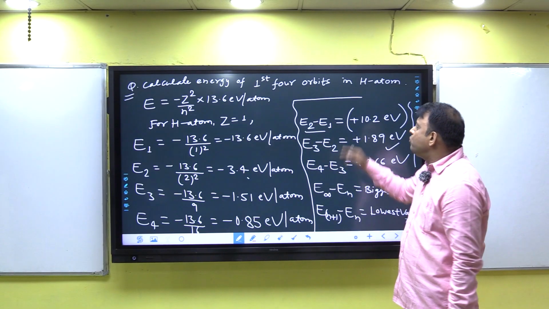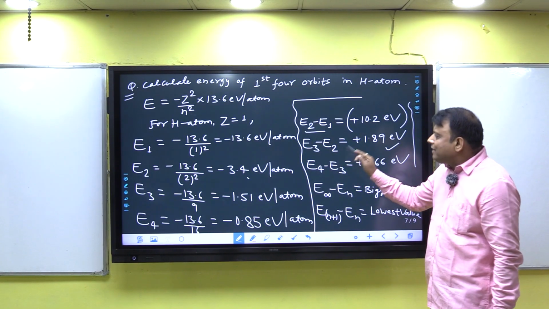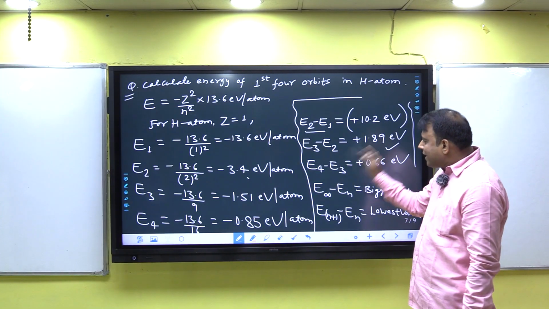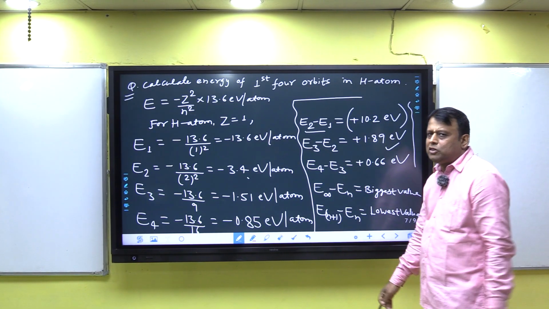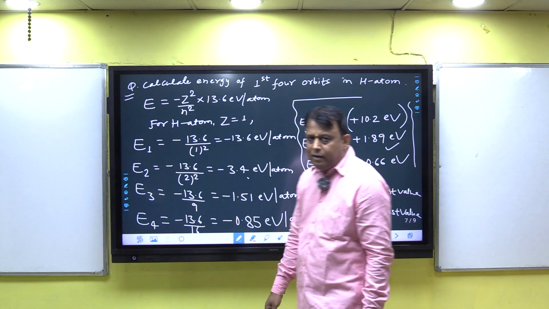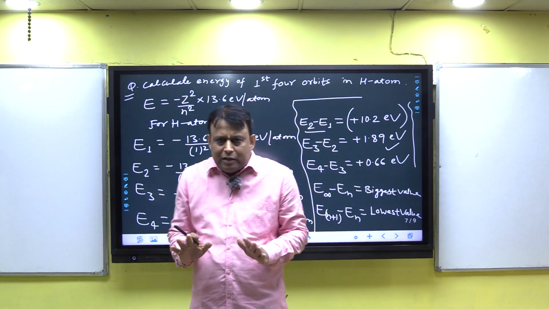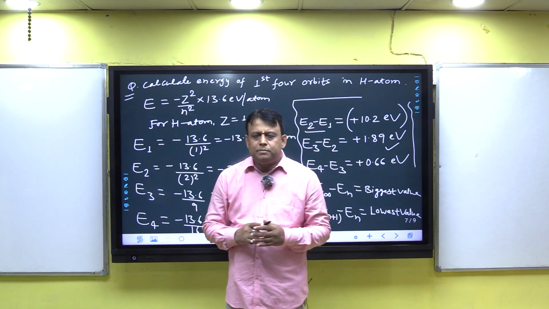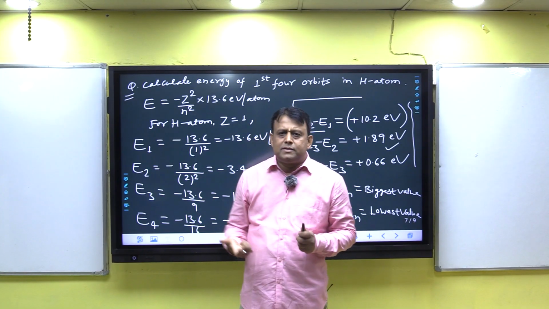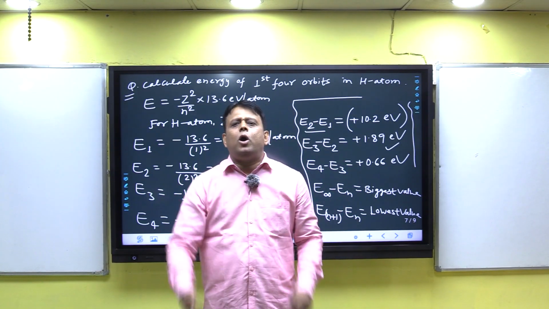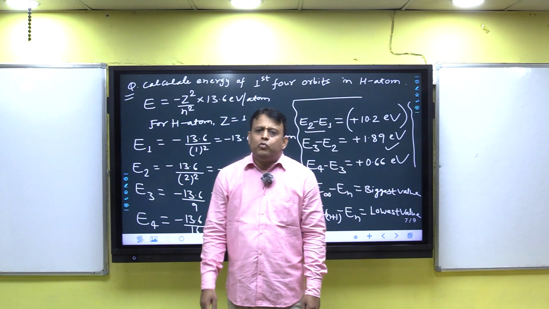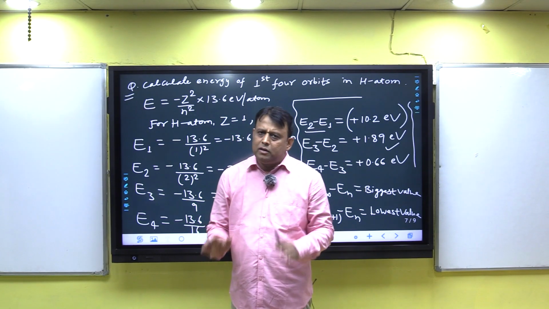That means E2 minus E1 is greater than E3 minus E2, which is greater than E4 minus E3. Clear? In any atom, in any species, the energy difference of two successive orbits decreases with increase in orbit number.